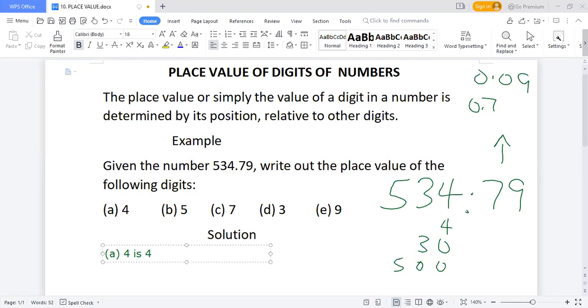So for B, the place value of 5, if you look at that 5, is 500. It's 5 of hundreds. The position is hundreds position.